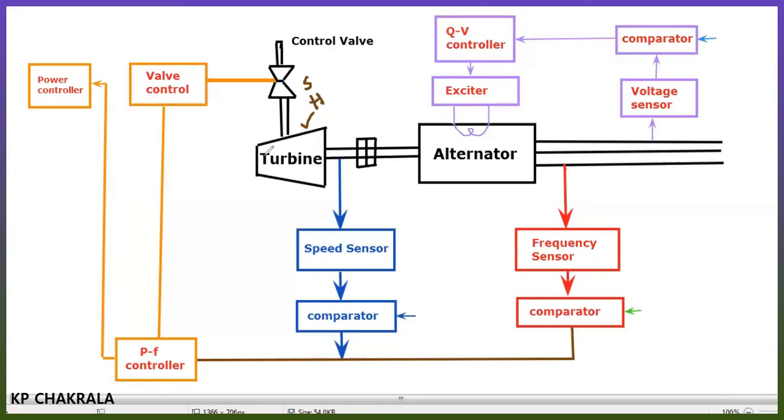And this turbine is coupled to the alternator through the shaft, so it is called a rotating mass. If the turbine rotates, the alternator also rotates; these two are coupled together.